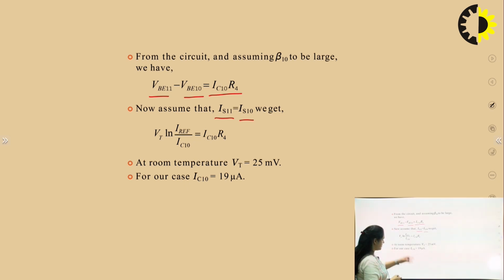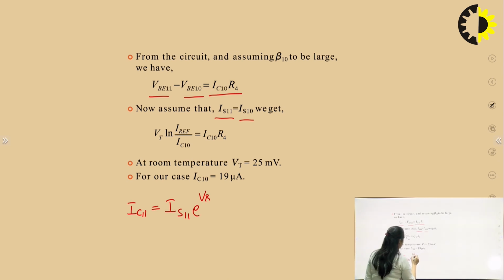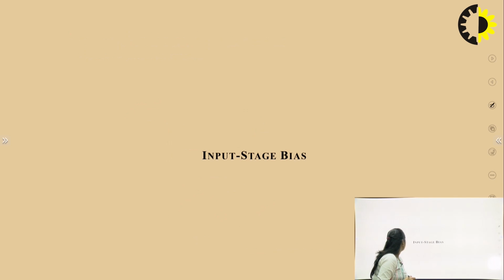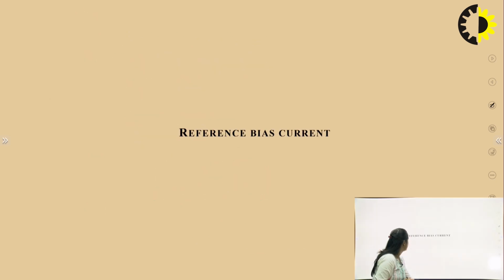We can calculate VBE11 and VBE10 using a very simple equation. Just write IC11 is equal to IS11 e to the power VBE11 by VT; this is the transistor current equation. From the previous diagram, what is IC11?